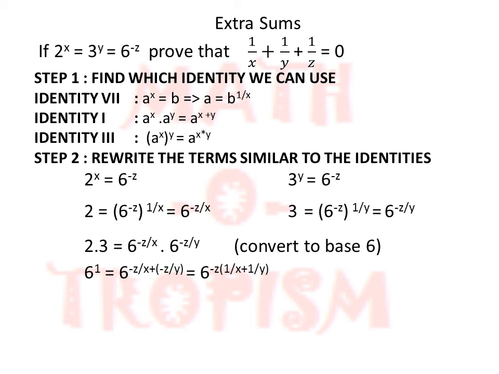Similarly, on the right hand side, 6 power minus z by x into 6 power minus z by y. When I add these two powers, we get 6 power minus z by x plus minus z by y, where minus z is common, which I take outside, so it becomes 6 power minus z into 1 by x plus 1 by y. We can see that on the left hand side and right hand side the bases are the same, so the powers must be same.